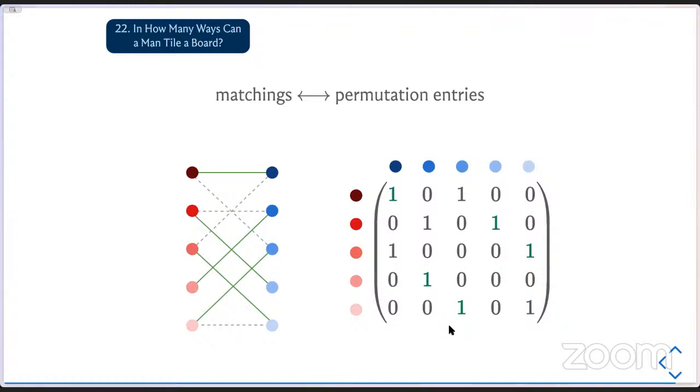Does anybody see already what this has to do with determinants? Can we say that the determinant of this bipartite adjacency matrix almost gives us the count of the number of matchings, except for a stupid sign issue? Can somebody maybe confirm this intuition?